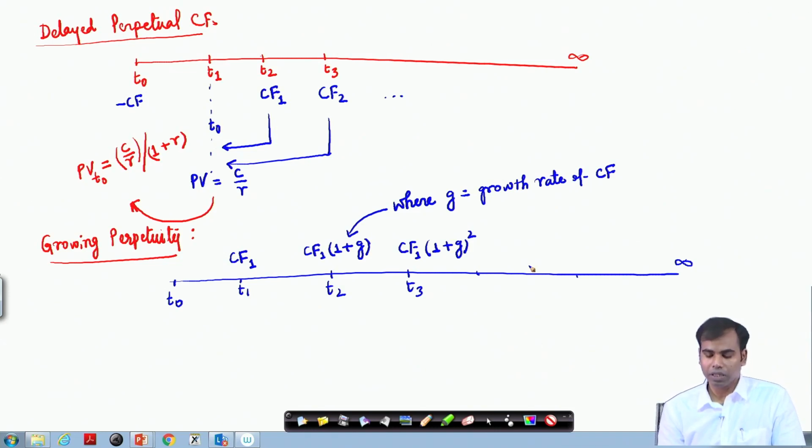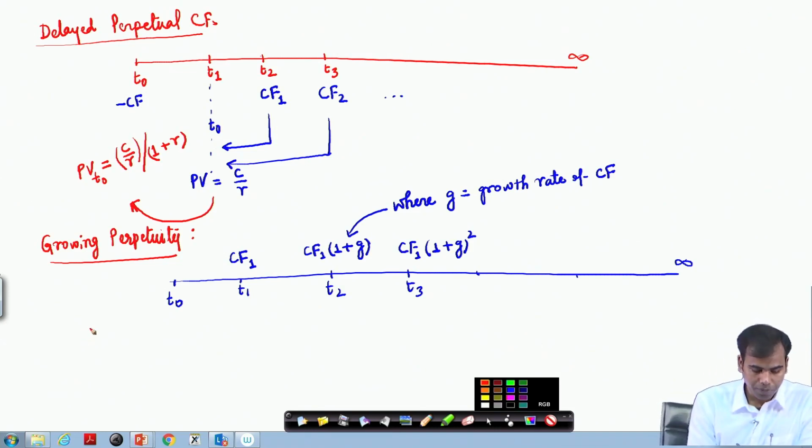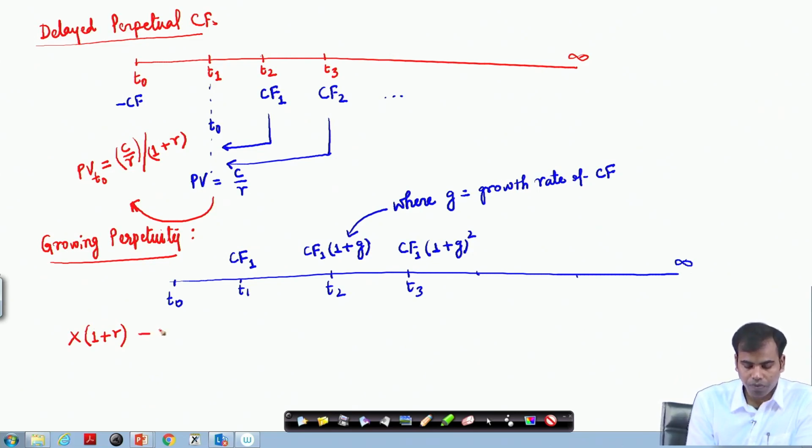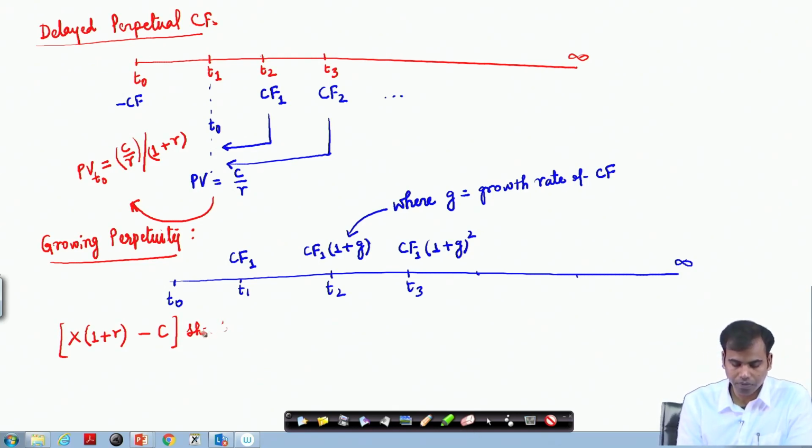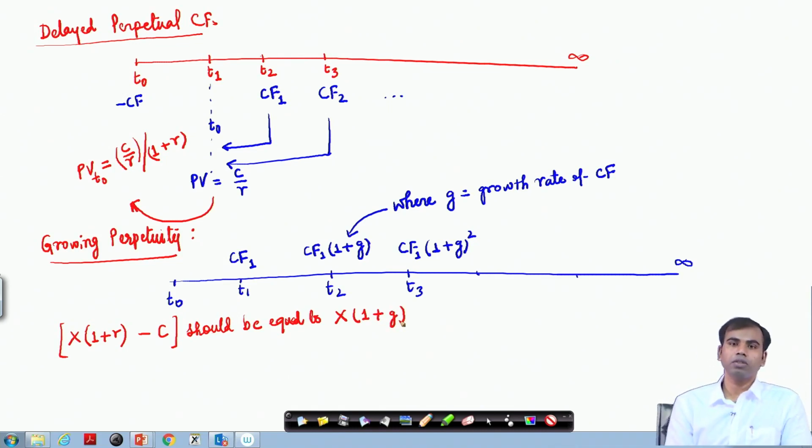So, if we repeat the same situation here, we can show that if a person has an investment x, which is growing at a rate of R, which is basically the interest income, and if you pay out the cash flow, this whole amount should be sufficient enough to pay out the amount of money to be invested in the next period.